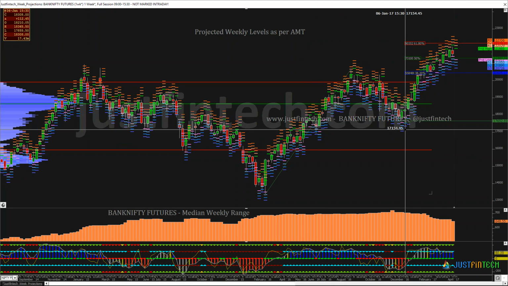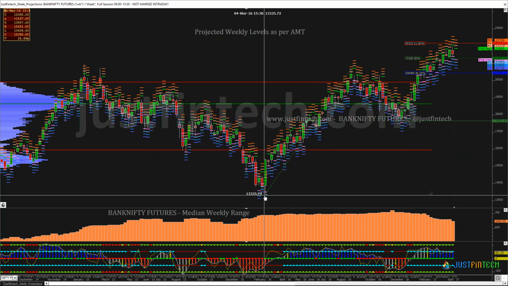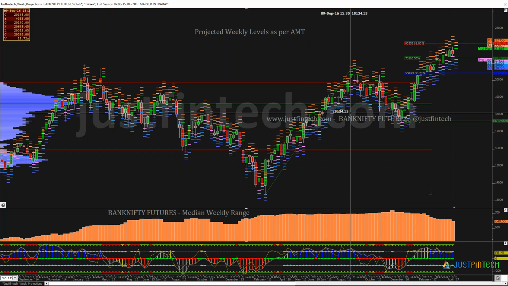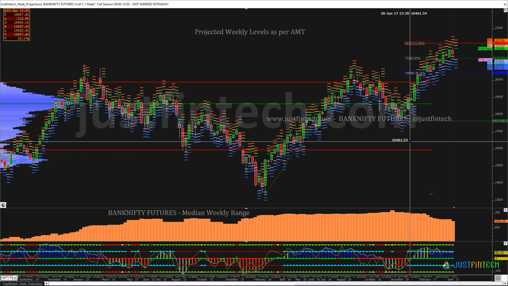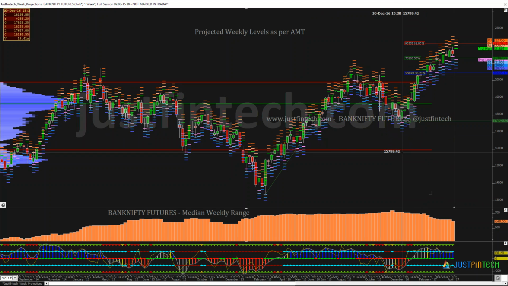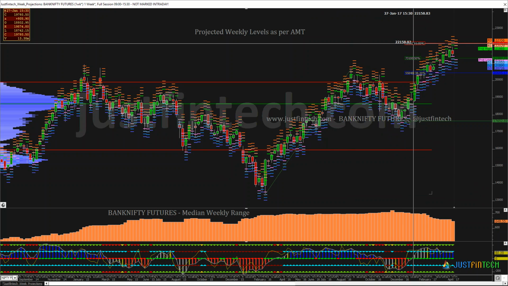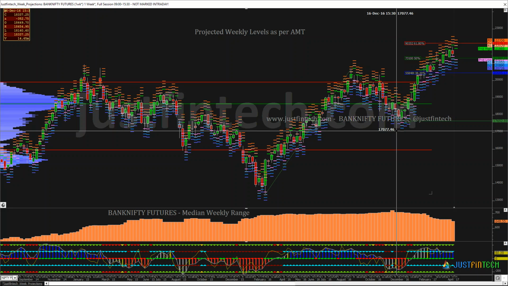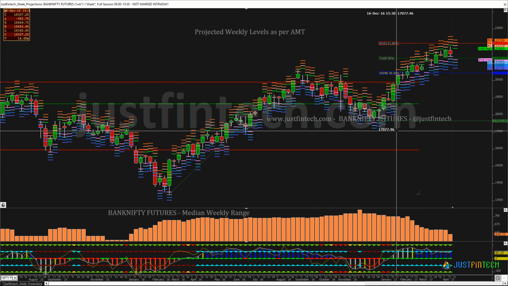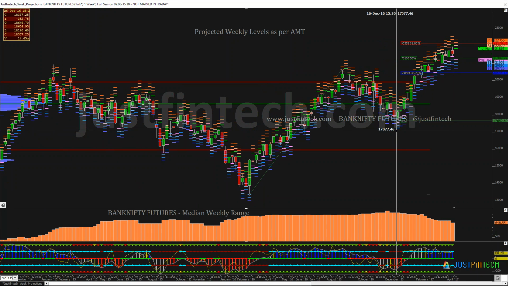If we do an extension from the lows of March till September and pull it down to the lows of December, then we get the 61.8 at 22,170. And if it would have done that, then it would match with Nifty, which has already done that level at 9,231.